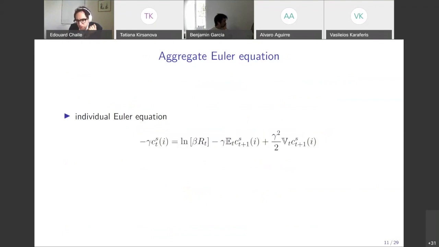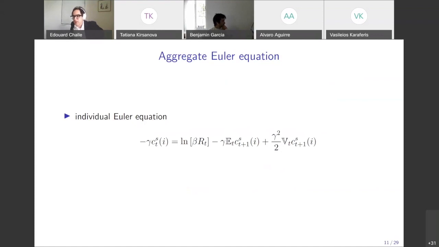I can take logs, and I obtain this log individual Euler equation. When I take the log of this, I use the formula for a normally distributed variable, and what shows up is the conditional variance of consumption of the agent, meaning consumption risk, what we call consumption risk.